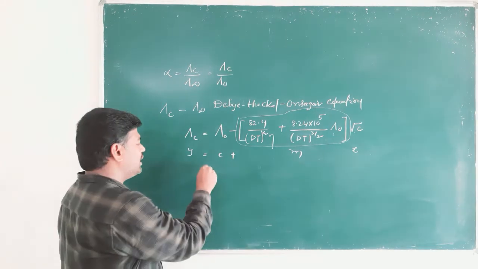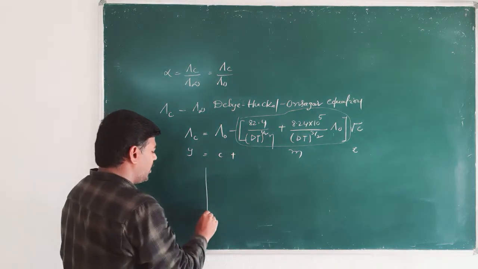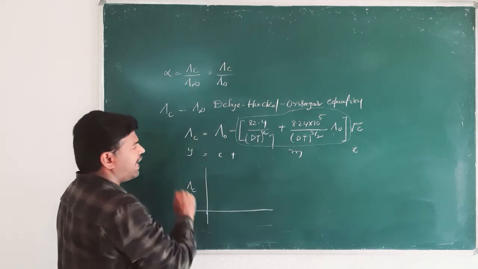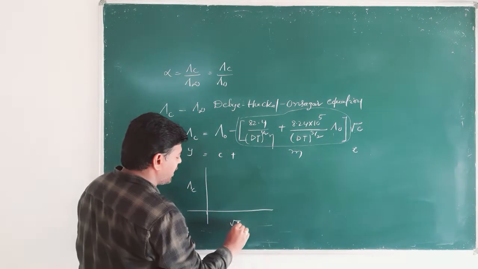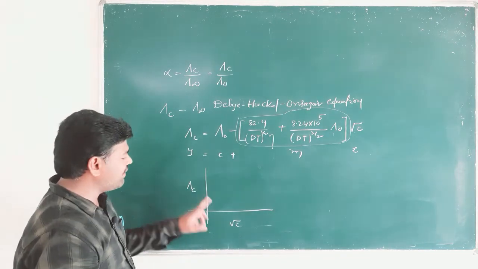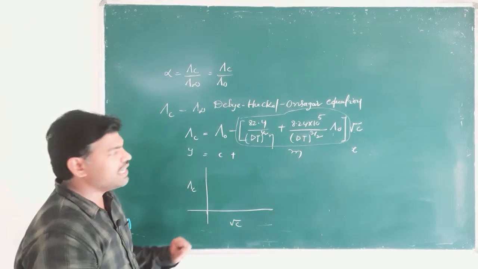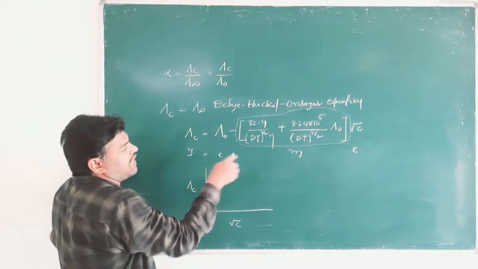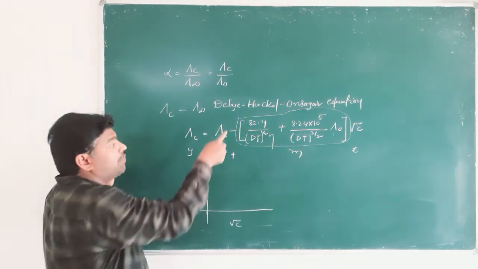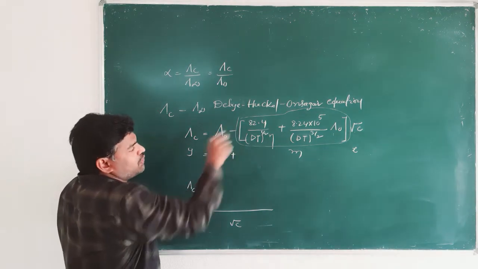If we plot the graph between y and x, where y is lambda c and x is root c, that gives a straight line. Y is equal to mx plus c gives a straight line, but this is a straight line with a negative slope.